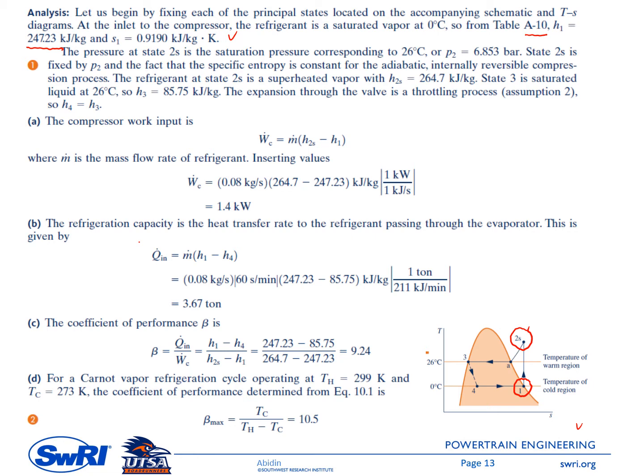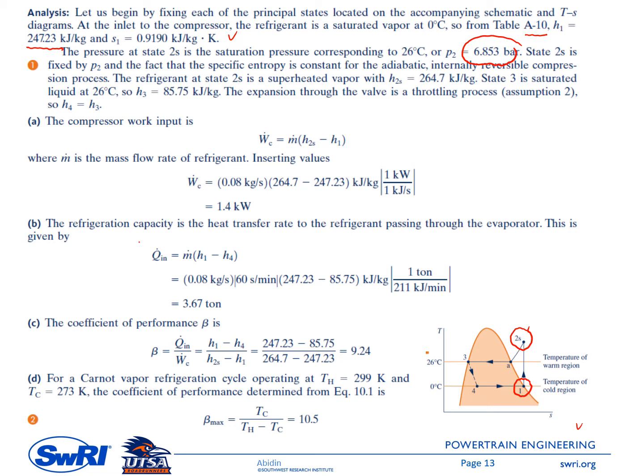So this will be P2s as well. P2 equals P sat at 26 degrees C, and this is 6.853 bar. The next information: you need two data to fix the properties at the superheated state.